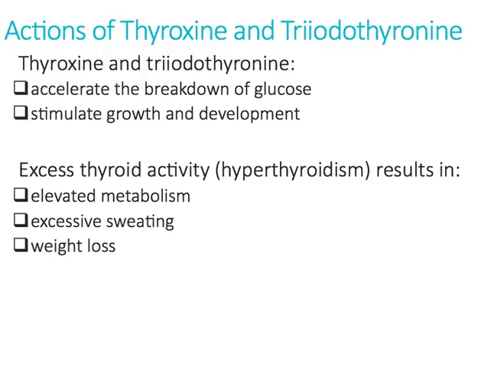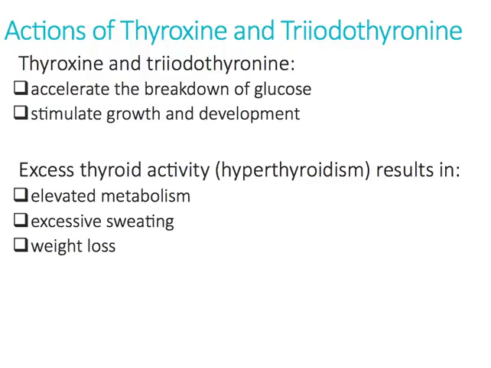Now, the other two hormones that are produced and released by the thyroid gland are thyroxine and triiodothyronine. These do a couple of different things. They help to cause glucose to be broken down in the blood, and they also play a role in growth and development.